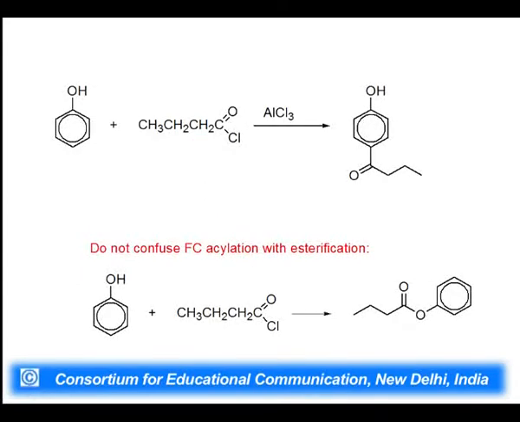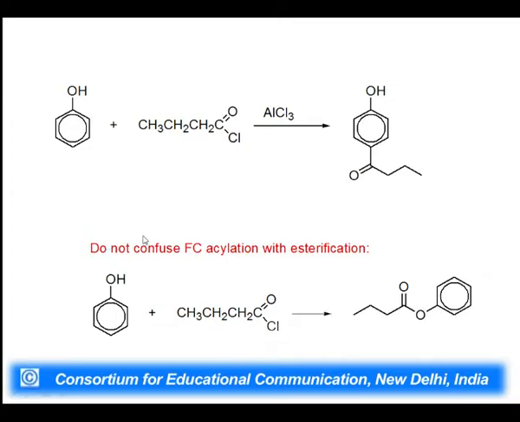Now, before I proceed further, I want to make one point very clear here. When we do the reaction of an acyl halide, that is acid halide, with AlCl3, then C acylation takes place. This is an example of an electrophilic substitution reaction.